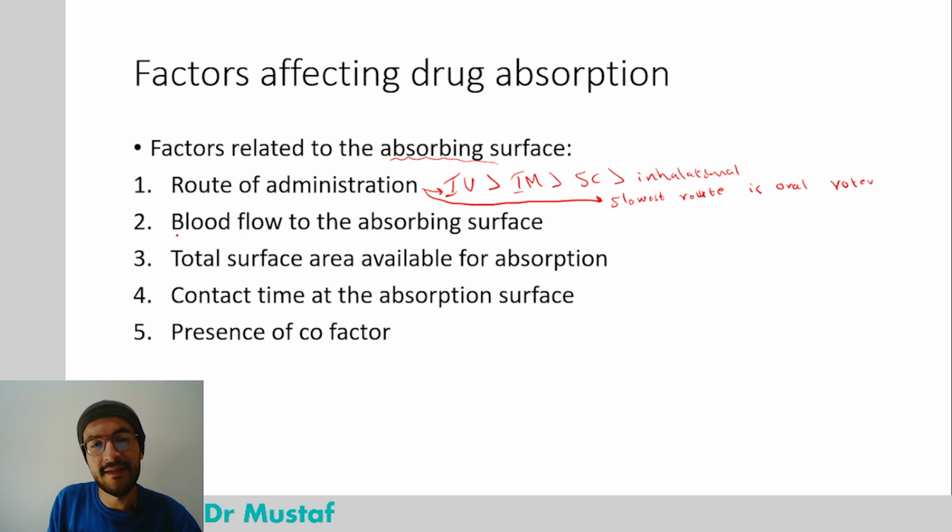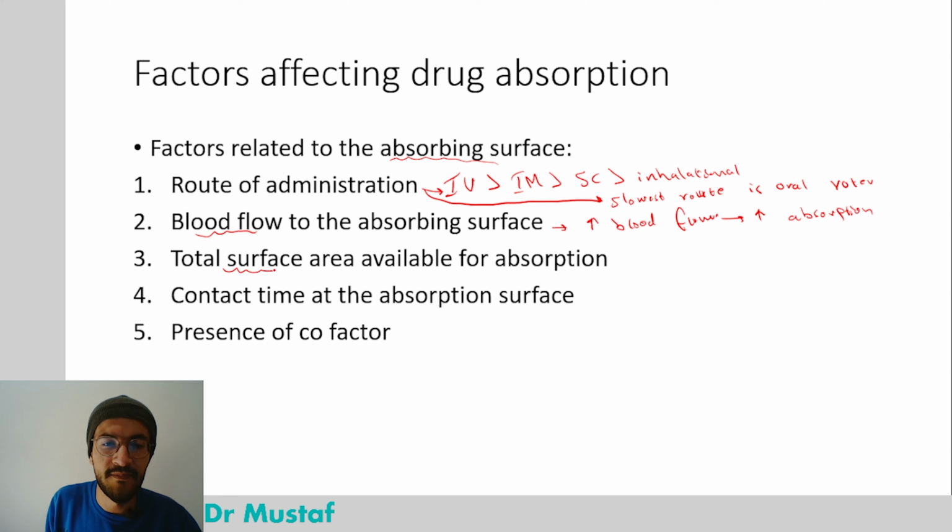The second factor regarding the absorbing surface is the blood flow to the absorbing surface: the higher the blood flow to the absorbing surface, the better the absorption. The third factor is the total surface area available for absorption.